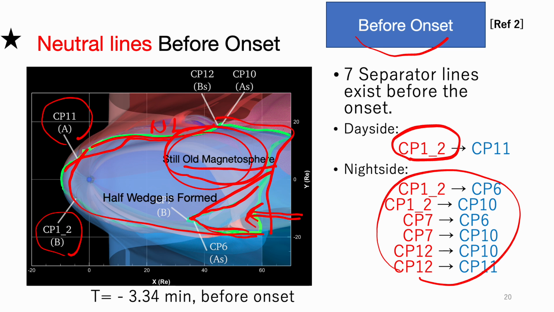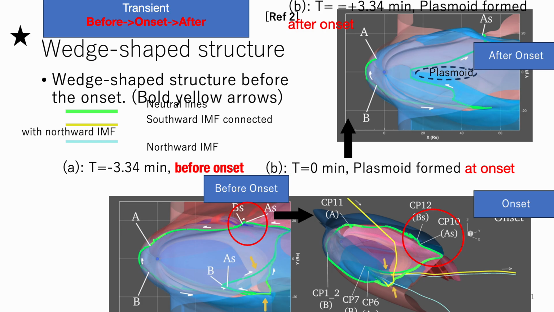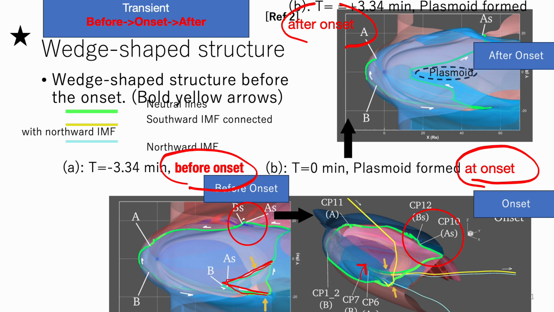These complicated topologies are formed by other critical points. Now we are going to show the topologies before the onset, at the onset, and after the onset by these three figures. What we see at the onset is that this half wedge type neutral line has now moved deep inside the tail region, the center of the tail region.